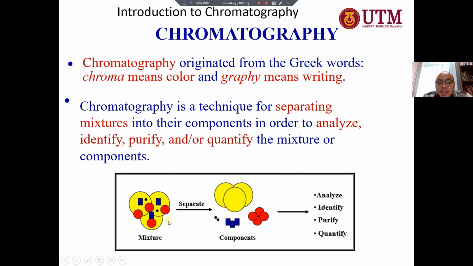So we have the mixture, and we want to separate it into its components. For example, we have a red one, a blue one, a dotted one, and a yellow one. By doing chromatography, we can separate its components in order to analyze, identify, purify, or quantify.